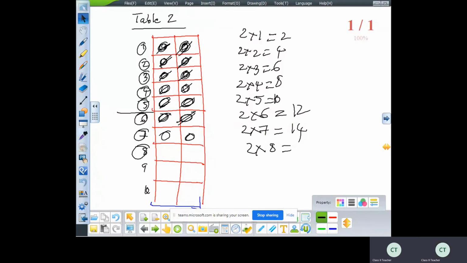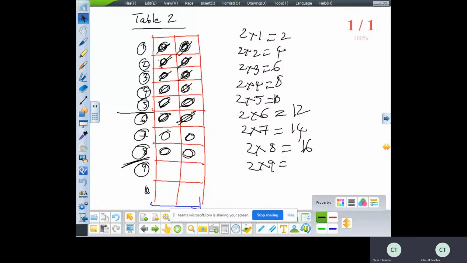Again count the number of boxes from 1 to 8. 1, 2, 3, 4, 5, 6, 7, 8, 9, 10, 11, 12, 13, 14, 15, 16. 2 eights are 16. Next, 2 nines are.